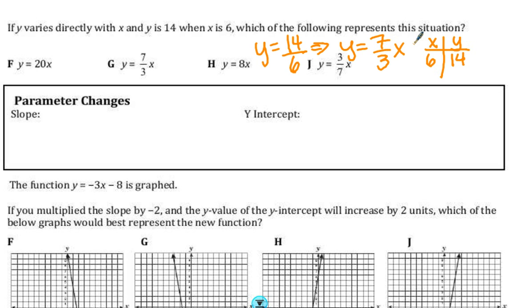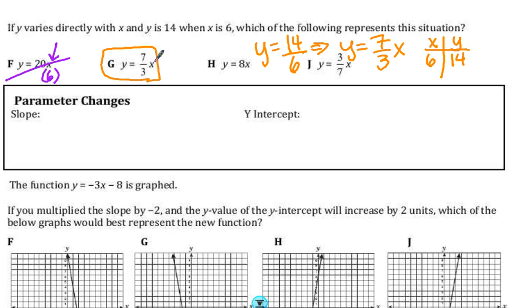Looking at these, this is an option, comparing your y over your x, but what I could also do is take the answer choices and plug in x and see if it gives me the y. For example, on F, if I plugged in 6 here, would that y spit out 14? Well, no, it wouldn't. That'd be like 120. So that's out of the question.